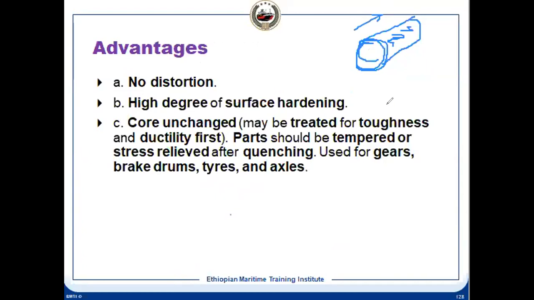Then tempering or stress relief has to be done after that. It means once you have done the surface hardening, tempering or stress relief has to be done, because stress will be generated.